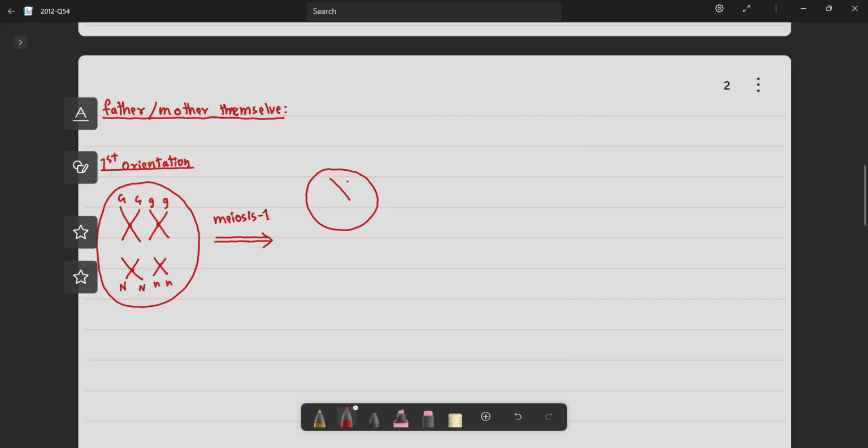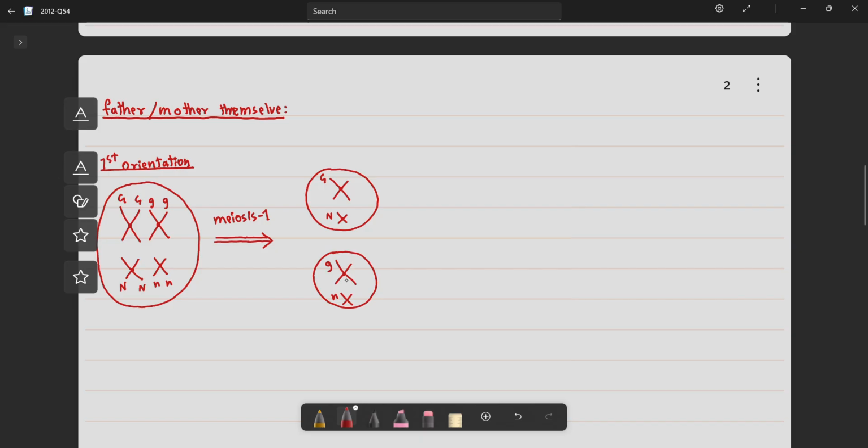Okay, so we have this chromosome, one chromosome. These are not homologous pairs to each other. This is a chromosome G that I've mentioned here, and this is a chromosome carrying the dominant allele N. The other one is this chromosome, the small one, and they're non-homologous to each other.